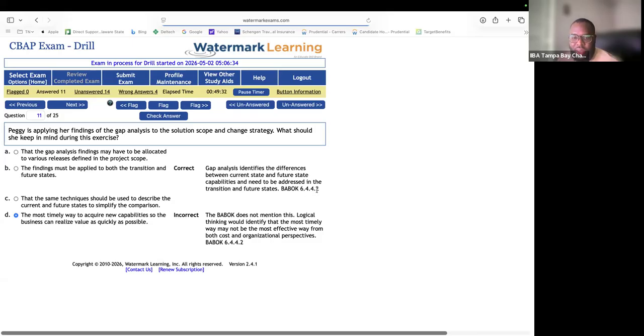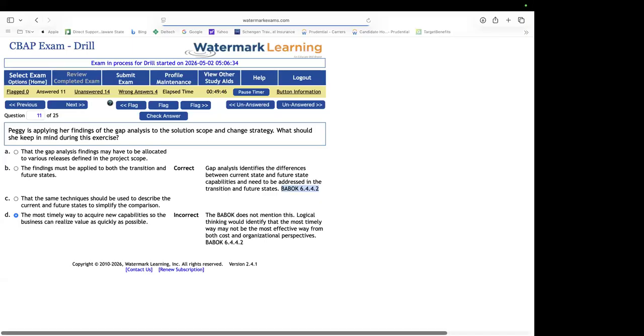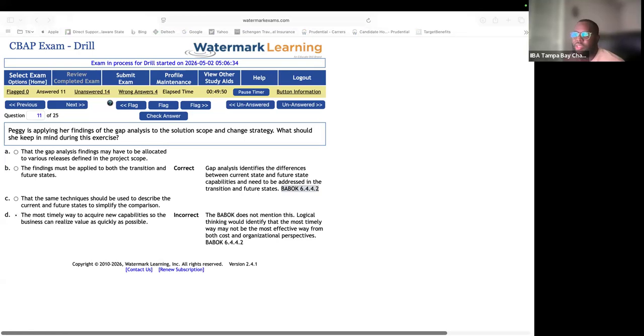So I really want us to take a moment and read this part because this is not really clear. So gap analysis, actually, let's see. I'm trying to bring that to my screen so we can all view it at the same time.